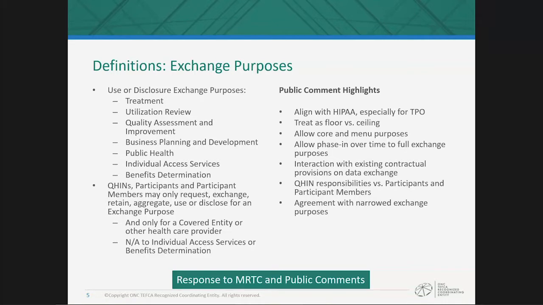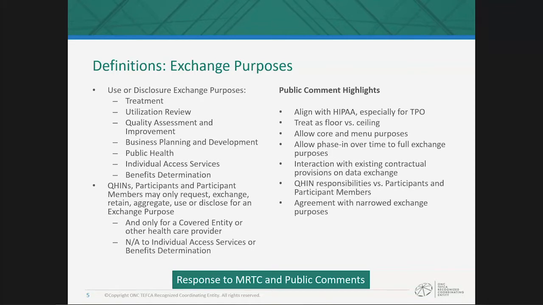So, as you know, exchange purposes is defined in the MRTCs as the reasons for which an organization, be it a QHIN or a participant member, or even an individual for that matter, can use the interoperability available through the exchange framework under the common agreement to transact information.